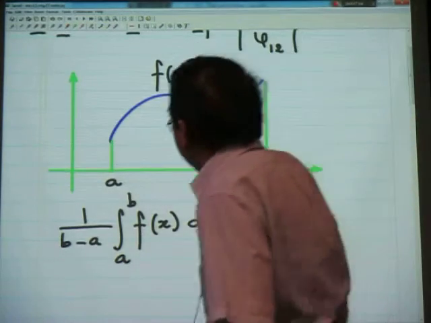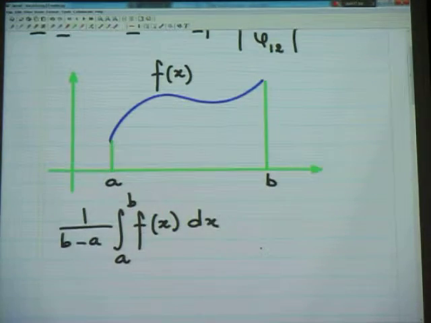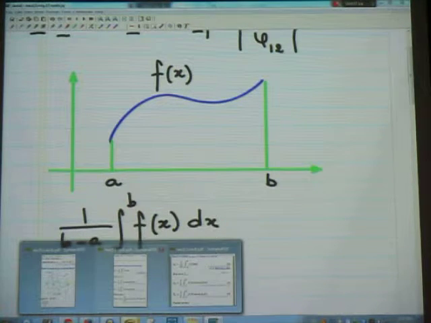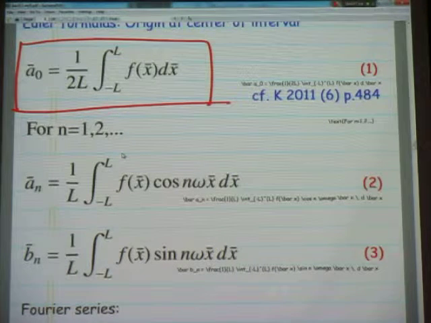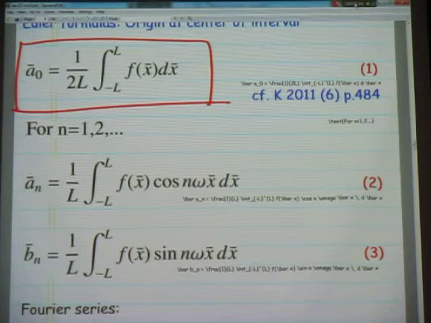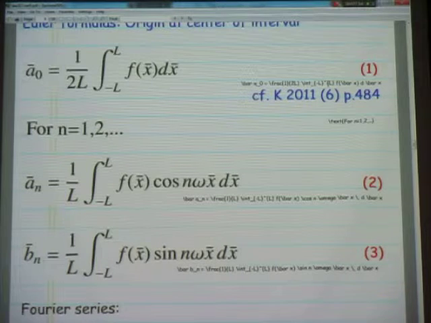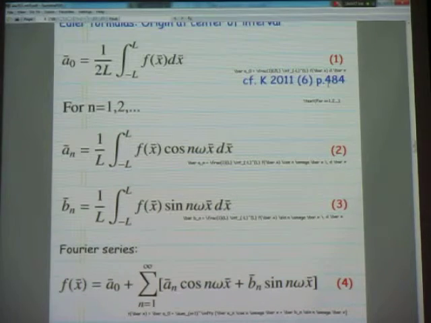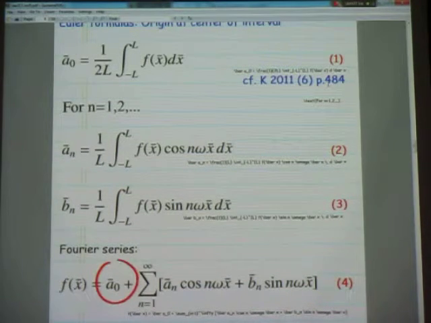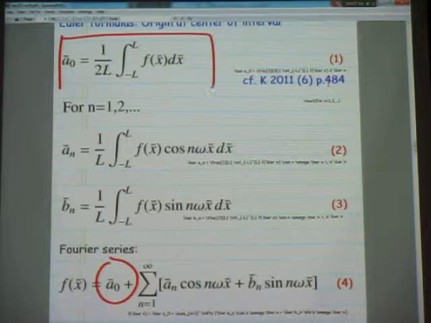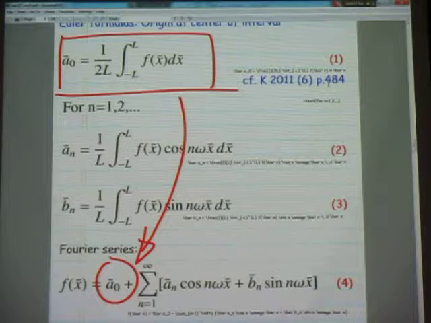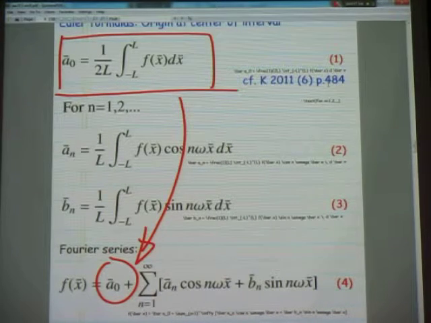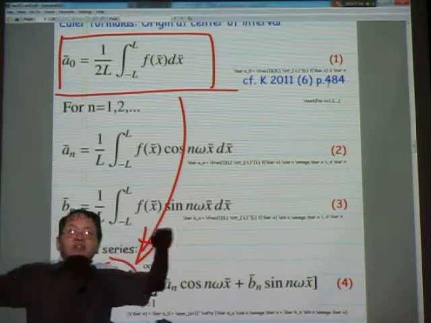So that's it. This is the interpretation for the coefficient A0 in the Fourier series, the first coefficient, and let me zoom out so you can see the Fourier series underneath. And this is the formula. So the first term in the Fourier series represents the average of the signal.